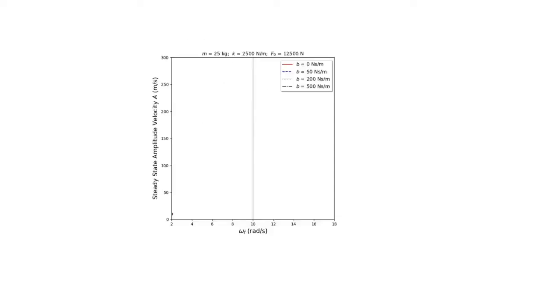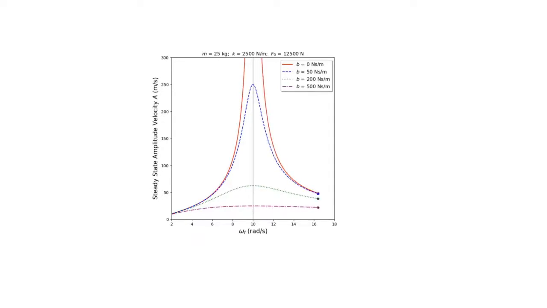So we can see that very clearly if we plot the graphs. So this is now for the velocity amplitude, not the displacement amplitude. And you see there the resonance effect is precisely at the natural frequency of 10 radians per second.